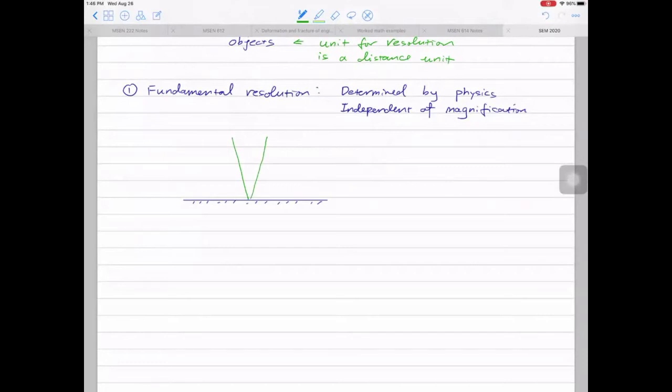So this is the focused electron beam. If you zoom in, looking at the probe, you will find it's actually not a single point. Instead, it's more like a disk.